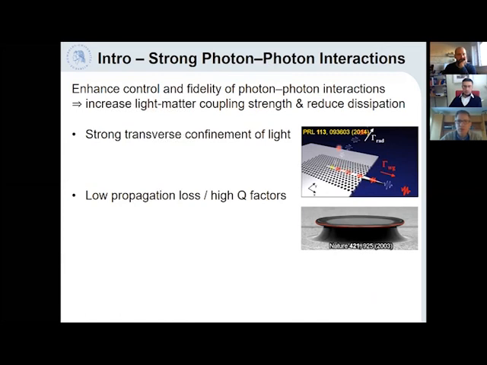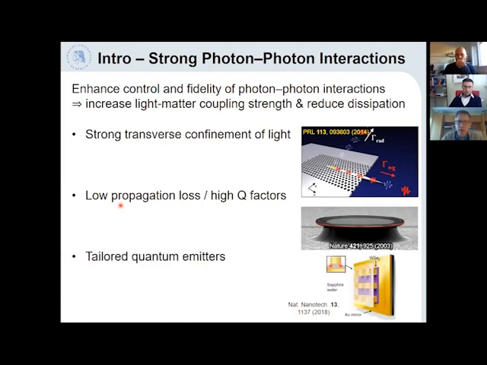And in order to reduce dissipation and reach high quality factors, you actually need low propagation loss, both in linear waveguides or in resonators. You need to lower the propagation loss, of course. And finally, you can also tailor your quantum emitter such that it features a strong dipole moment and thereby strongly couples to the light field.